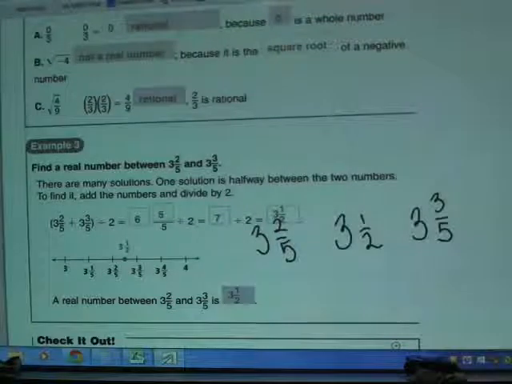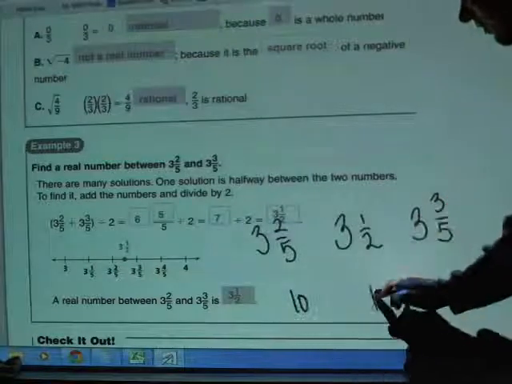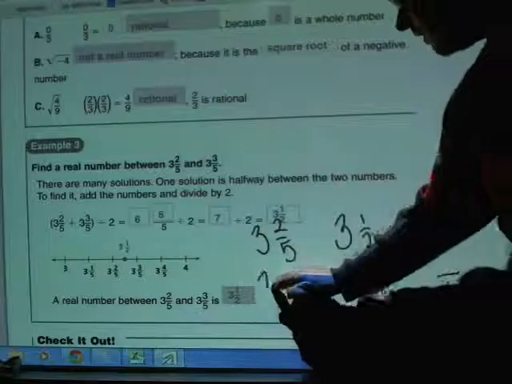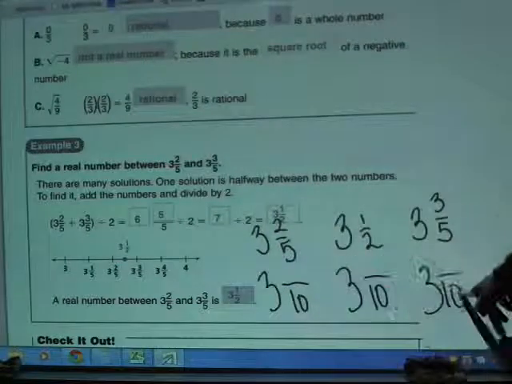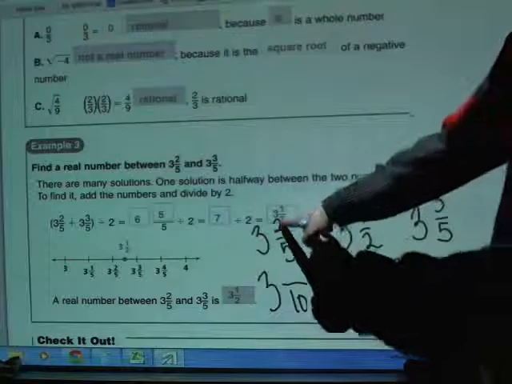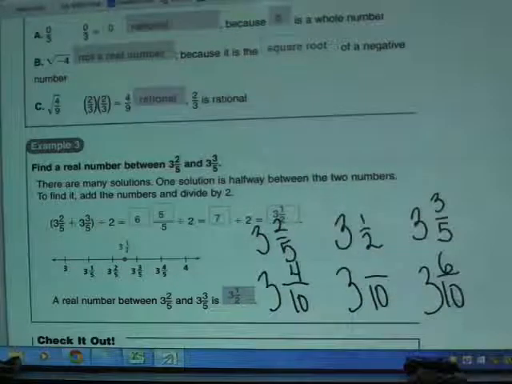Looking at those denominators, the common denominator of 5 and 2 is going to equate to a 10. So if I make these go to 10s here, with the 5s as the denominators, we're multiplying by 2 there, because that's how I'm going to make that 5 go into a 10. Remember, you do the same thing to the numerator there. So then that's going to change into 4 and 6.